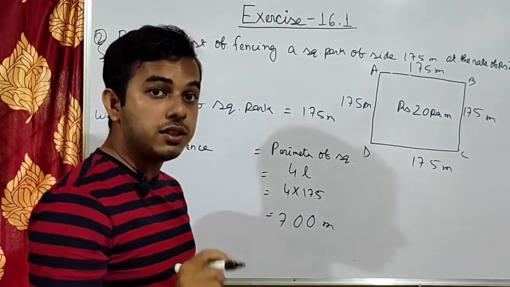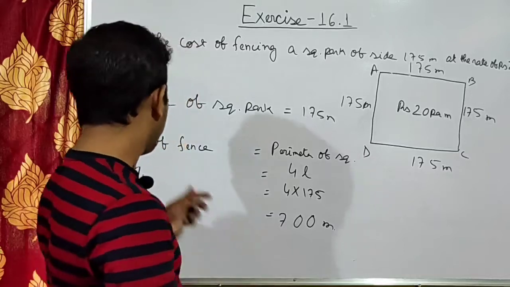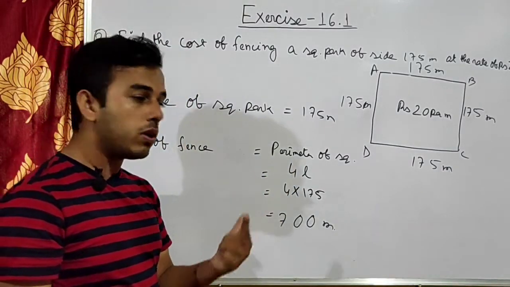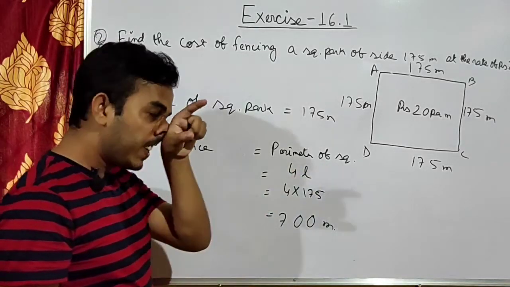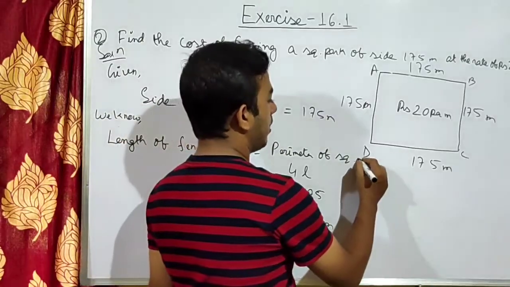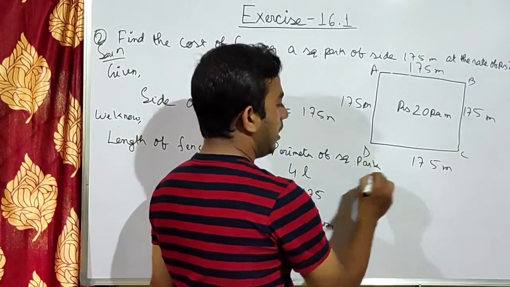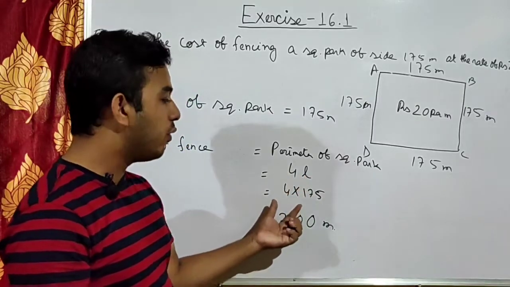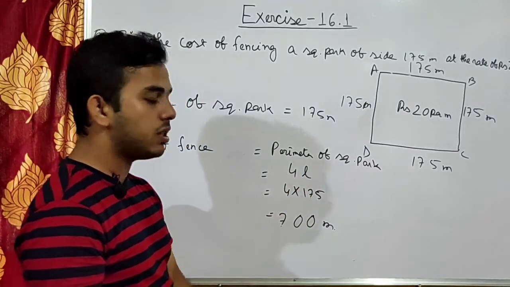Sum of all the sides. This means perimeter. So can we write like this? Length of fence equals what? Length of fence means perimeter of the square park. Now clear? Okay. Perimeter of the square park is 4L, 4 into 175, which is 700 meter.